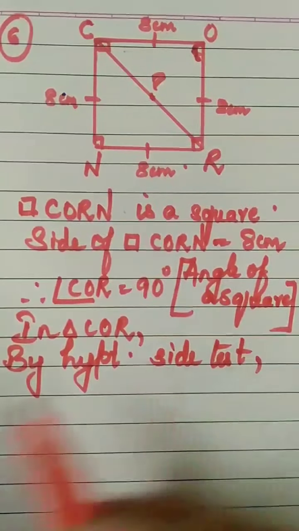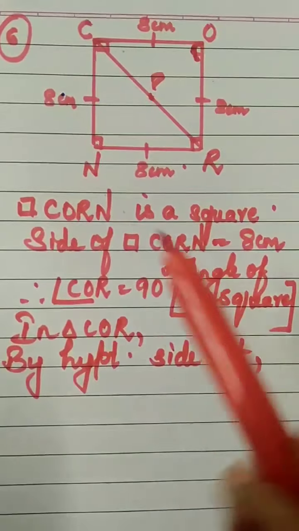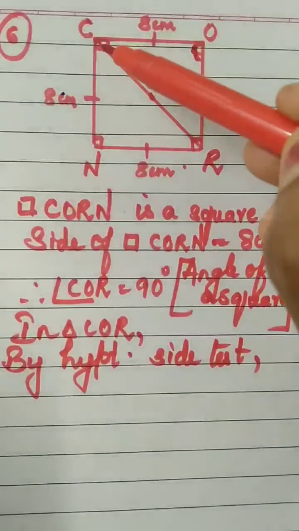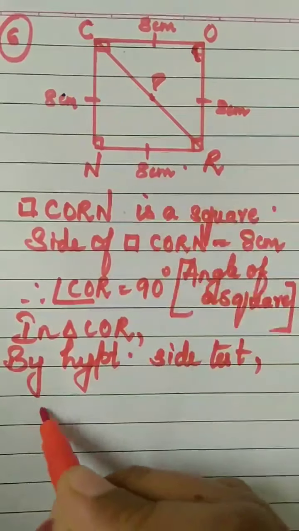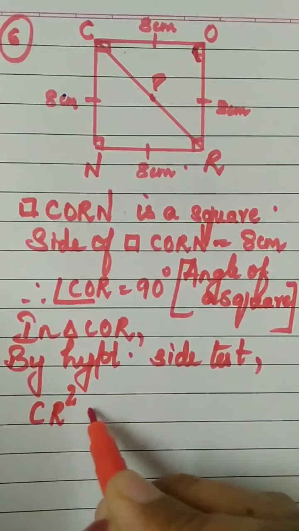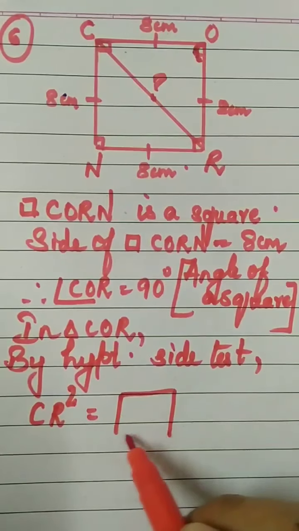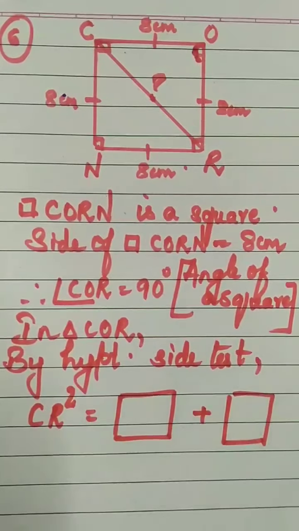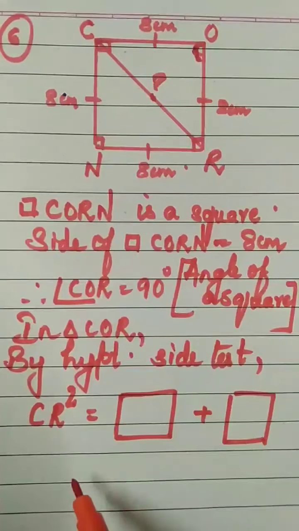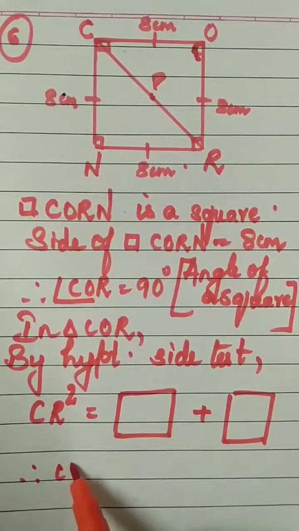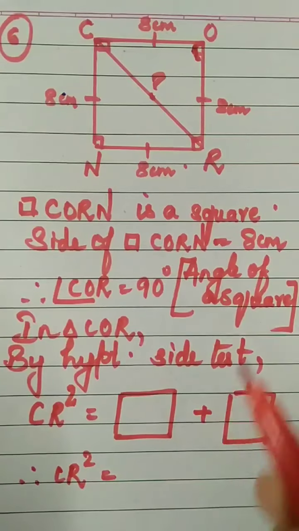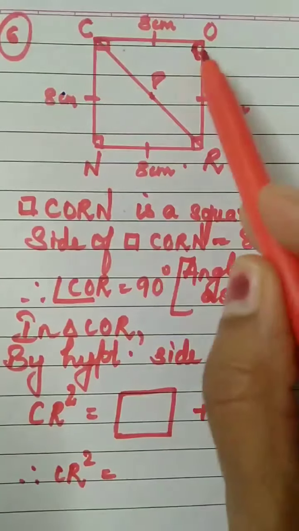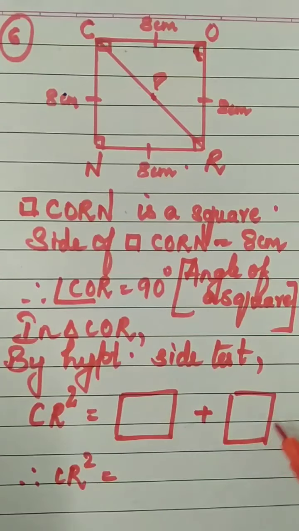Now you have to fill in this box. I will write the answer in the form of box. By hypotenuse side test, what is the name of the hypotenuse? CR square is equal to, you complete the box, plus, okay, I hope you know the answer. So therefore CR square is equal to CO square plus OR square here, no?